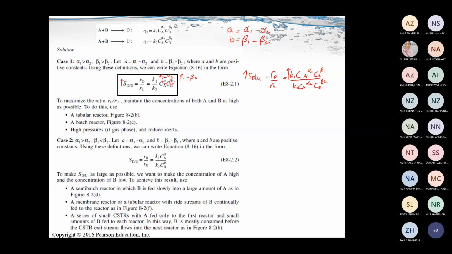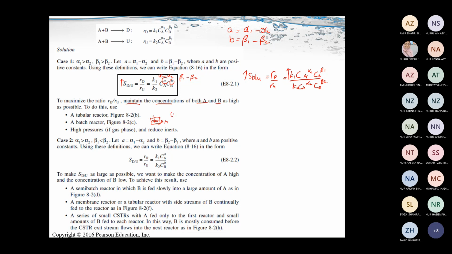So from here, what do we need to do? We need to maintain the concentrations of both A and B as high as possible, so that we maintain the top part. The choices are a tubular reactor and a batch reactor. In a batch reactor we can maintain the composition of A and B inside because we don't touch the inlet and outlet.